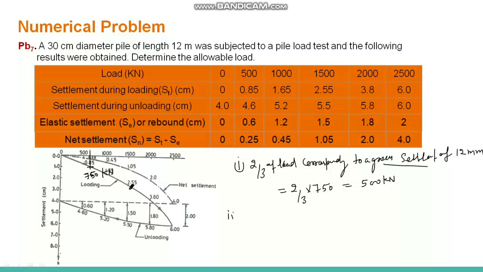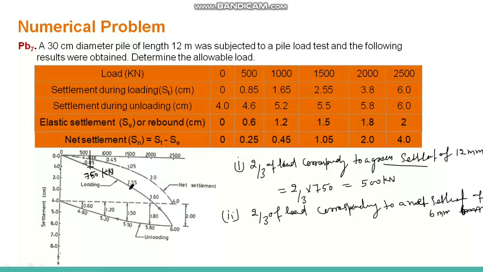Now come to the second criteria: 2 by third of load corresponding to a net settlement of 6 mm. In centimeter, it would be 0.6 centimeter, right? Now we have to see this curve for the net settlement.